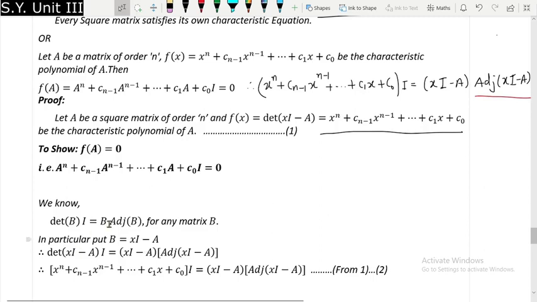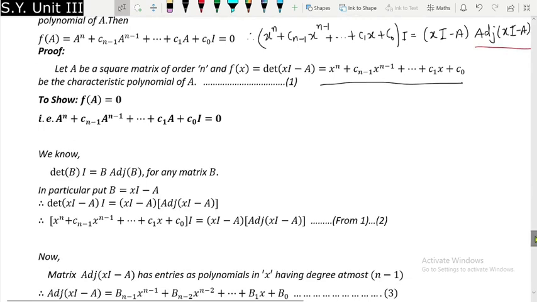So let us write it then. I will erase it first of all. So here we are. In particular we have substituted B equal to xI minus A, and this value we have substituted from the value of the determinant of xI minus A. Thereafter, I am calling it 2. Now in the next step, note this matrix adjoint of xI minus A has entries as polynomials in x having degree at most n minus 1.